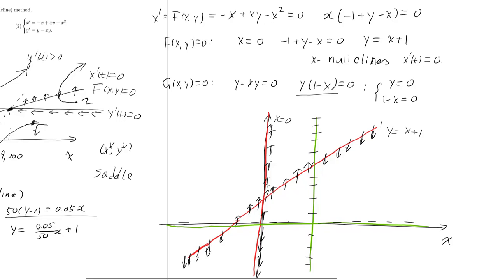So we finished the red lines. Now we do the green lines. For the green lines, we look at x. So on this line y equal to 0, on the x-axis, we have x times (negative 1 minus x). So if x is positive, then we have the sign negative.